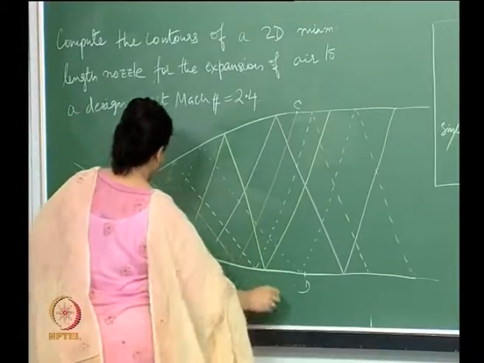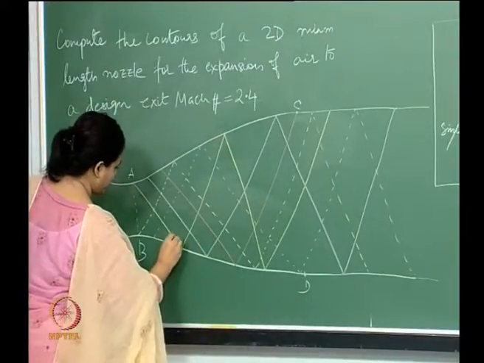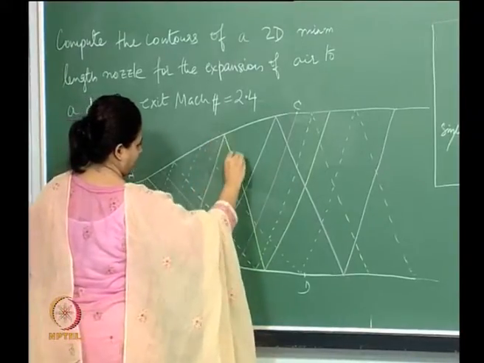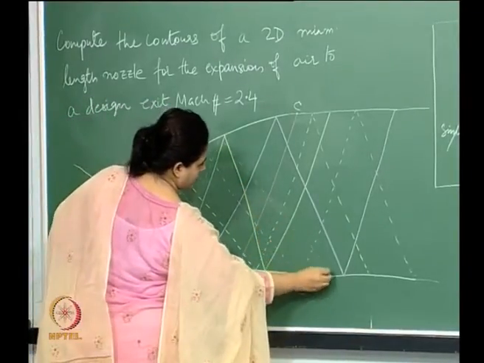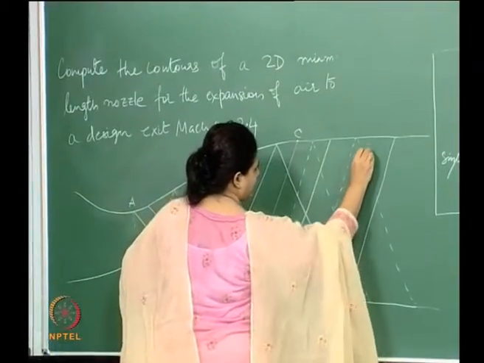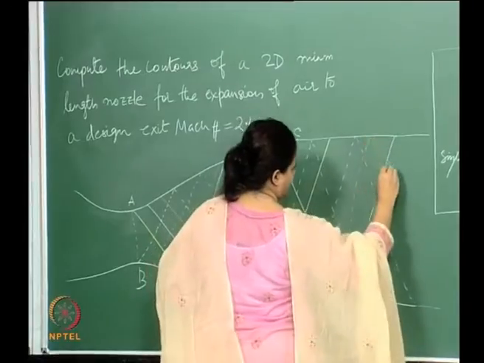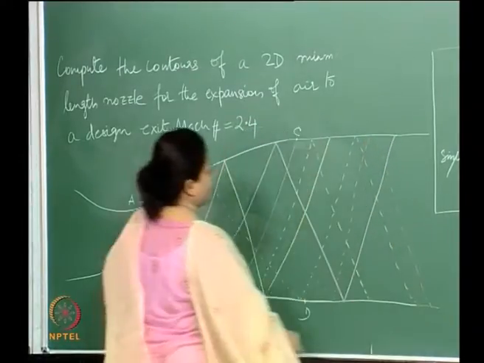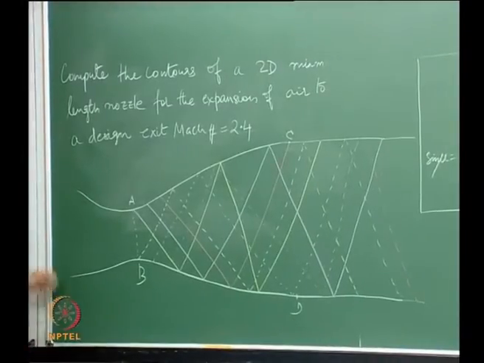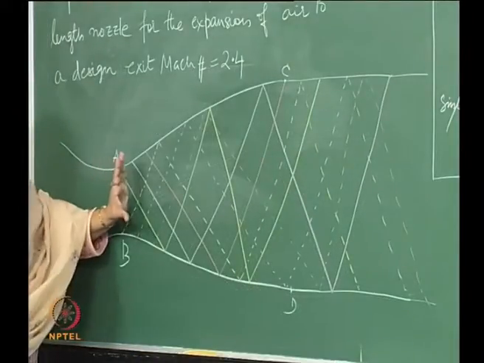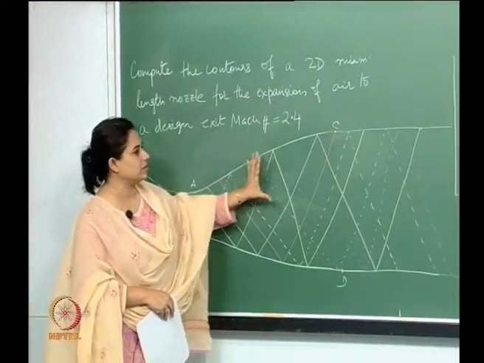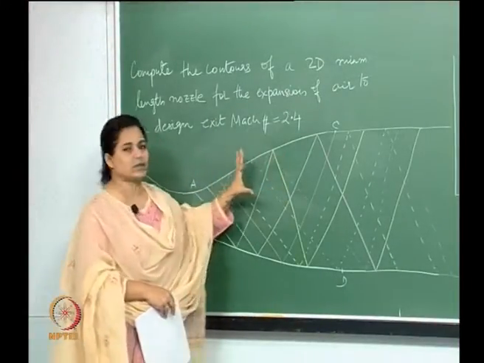And then again we will have say, okay. So, what essentially is happening is that there is a lot of reflection. Okay. So, we have this flow which is sort of expanding in this region, right. It expands in this region.